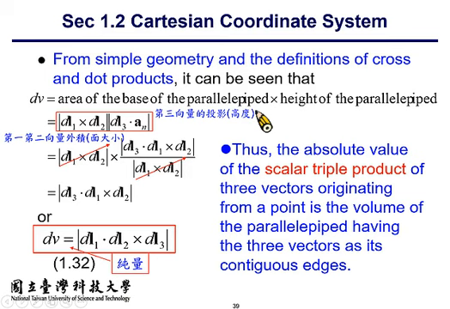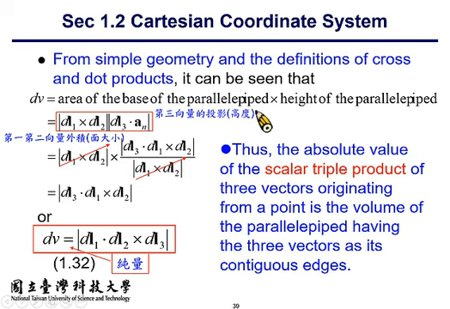Well, the absolute value is critical. Why? Because volume is a positive number. You don't have a negative volume, right? So you only have the positive number. So you need to put absolute value operation on it. So the order doesn't matter. It all gives you the same result.